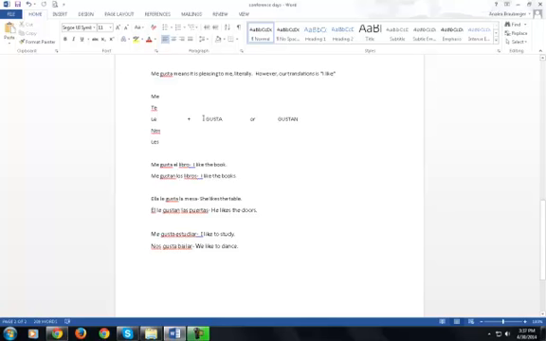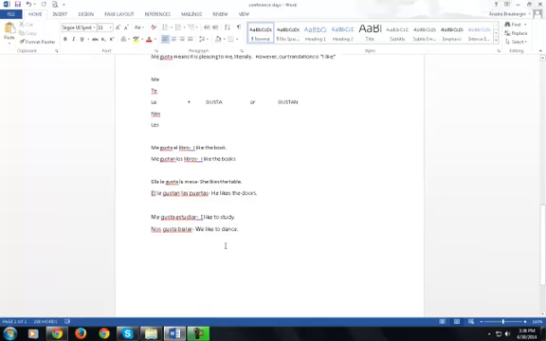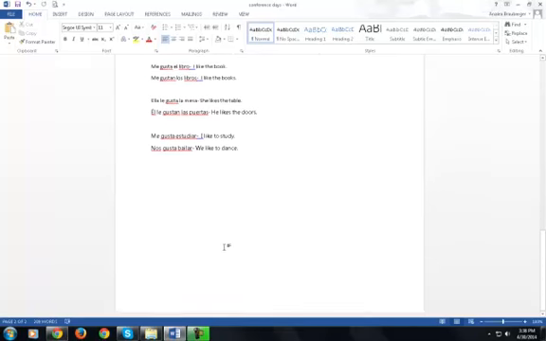In front of either gusta or gustan, we refer to the person who likes it. Me, te, le, nos, and les. We can also use the gustar phrases and then put a verb right after it to say that somebody likes to do whatever that verb is. I hope that this makes sense to you.